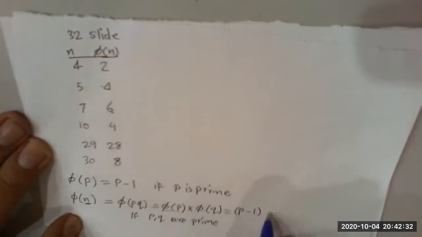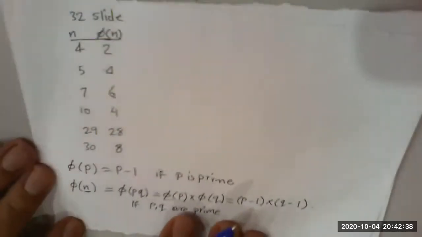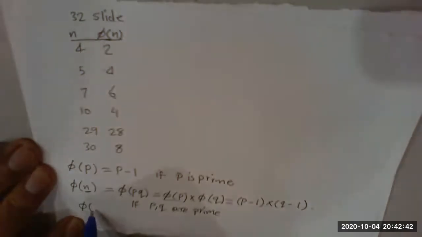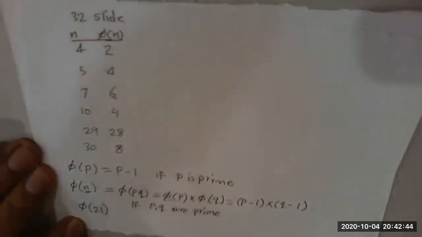Because p and q are primes, this means phi of n is going to be p minus 1 multiplied by q minus 1. Okay, let's have an example for this. Let's calculate the phi of 21.